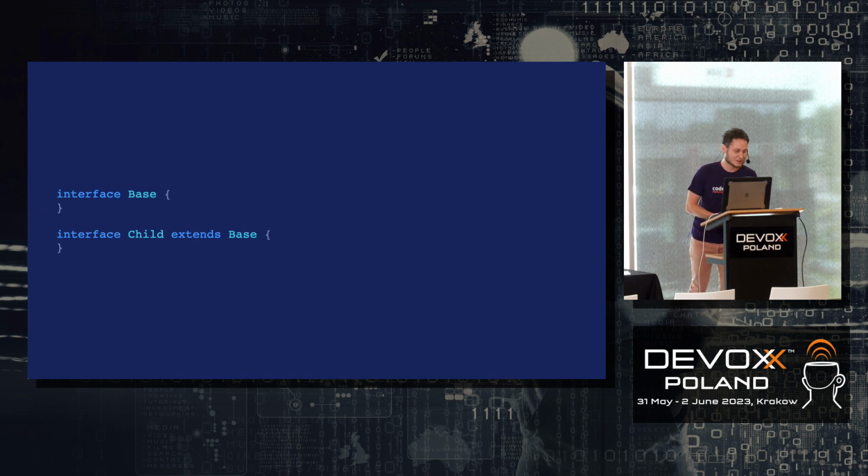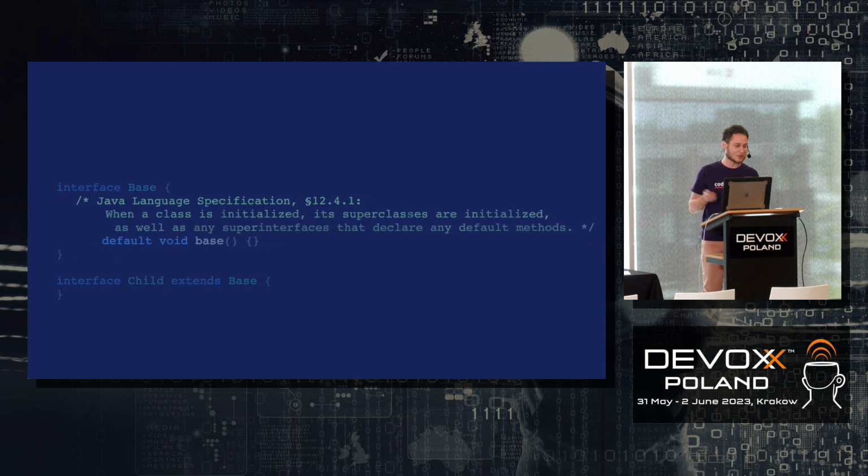Let's have a look. We have such a simple example. We need to construct a similar case of a cycle of initialization, when the base is going to call something on a child before the child is initialized. Can we do this or not?